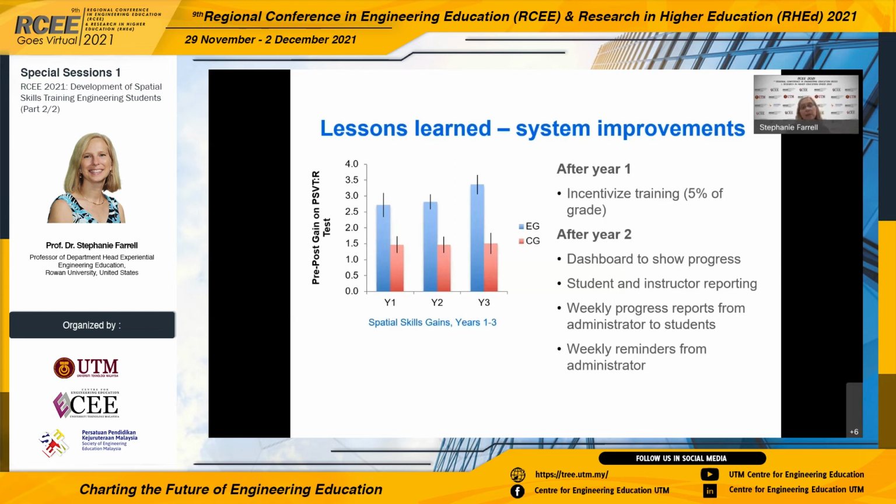And with those changes, we saw significant gains. So some of our lessons learned are that communication and letting the students really check their progress and giving them a variety of ways to check their progress seemed to be really helpful. We saw that the students were engaging a lot more with the system instead of just trying to get the problems done. Next slide, please.